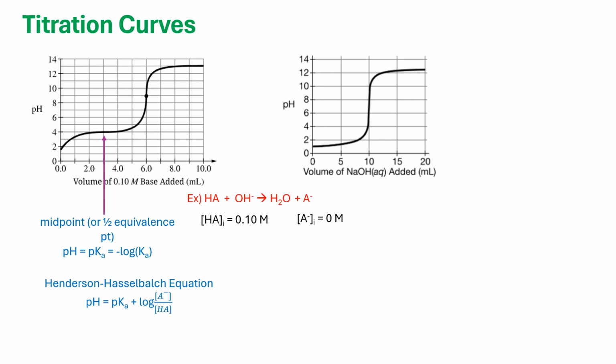But at the midpoint, or the half equivalence point, the HA would have gone down to 0.05, all right? And by definition, the A minus would have gone up to 0.05. So that's why we can say that the ratio of A minus over HA at the midpoint, or half equivalence point, is 1, and the log of 1 is 0, so pH equals pKa.